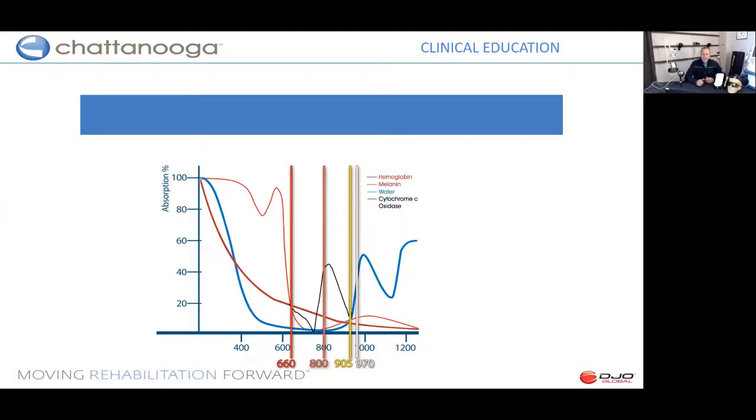And if we look at this graph, and we see where most of them sort of intersect, the 660 is wonderful, right? And so you would think, well, that should be my go-to. Well, it doesn't maximize any single one particular, except for melanin, which is okay. But if we look at the graph with cytochrome C oxidase, we see that this 800, so really between the 800 and the 900 nanometer wavelength, gives us that maximal stimulation of metabolic activity to the mitochondria, right?